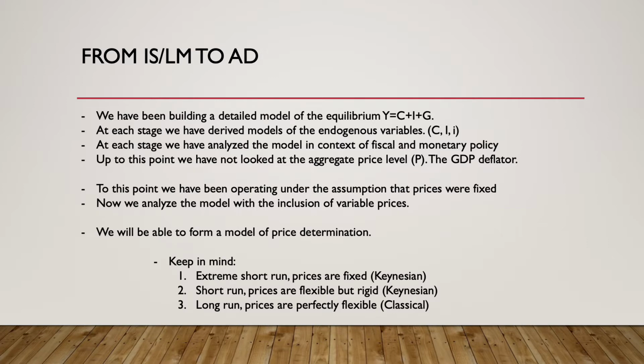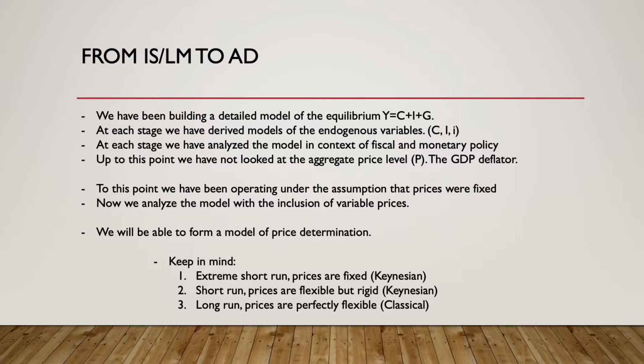But up to this point, we've left one key variable out. We haven't really explained it. We haven't talked about what determines it. And that key variable is, of course, the aggregate price level, which is, in this model, the price level for Y, output, which is given to us by the GDP deflator. In fact, up until this point, we've been operating under the assumption that prices were fixed, and we would solve every other variable with prices being fixed.